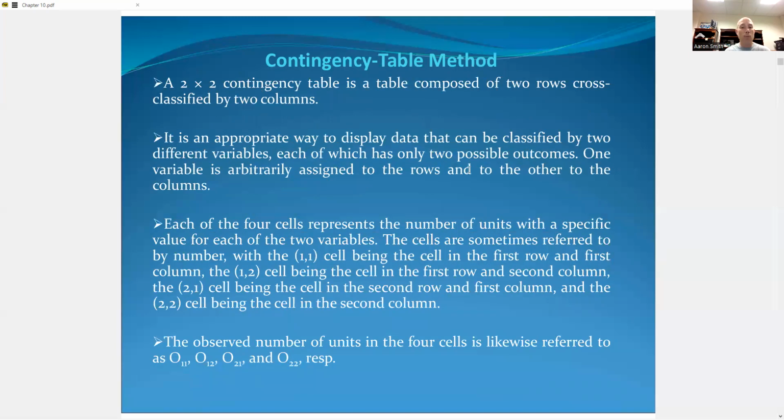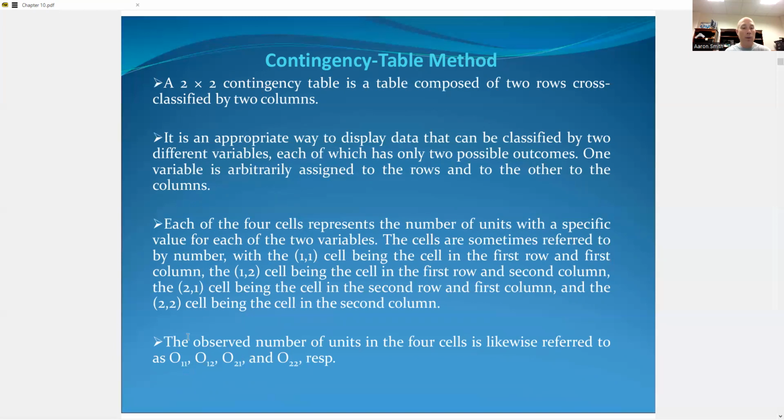All right, so now, when we're talking about 2x2 tables, each row will represent a population, and each column will be the counts of successes or failures. So each column will be a success or failure column, and this is how we'll organize our data.